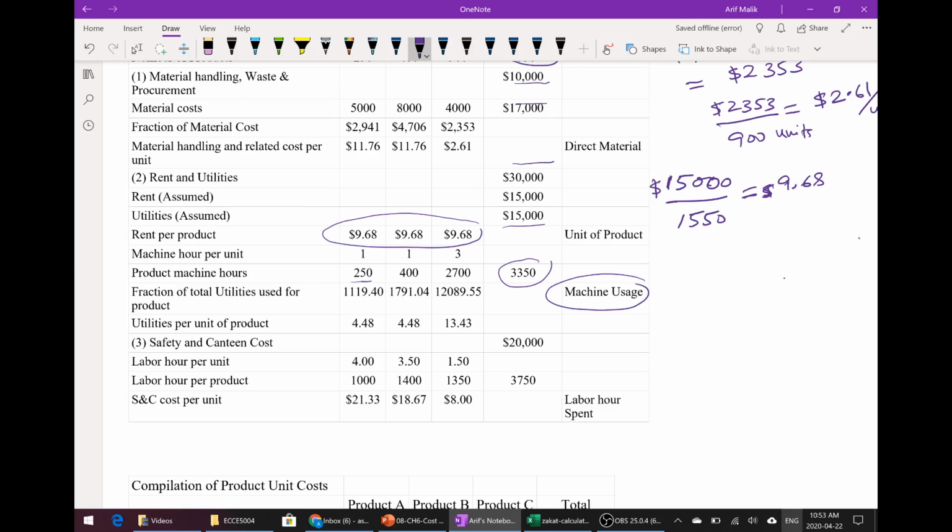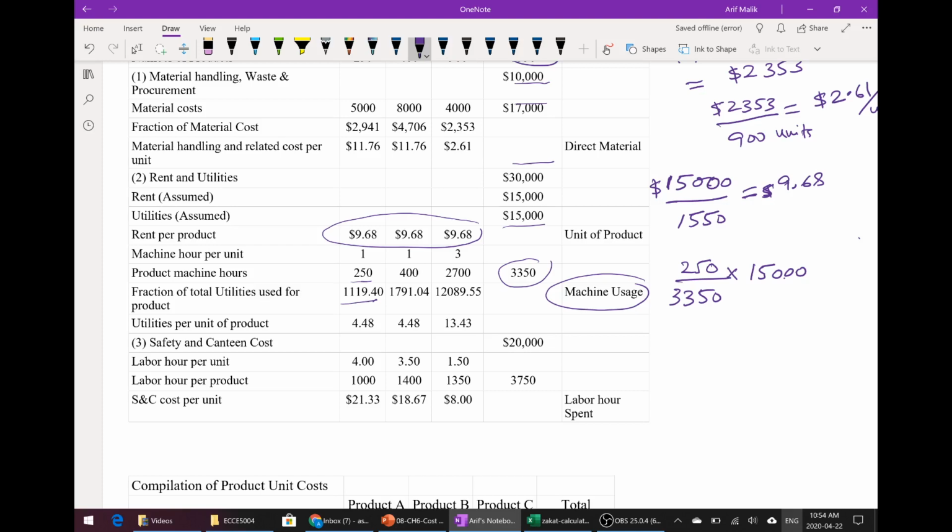For product A, it is 250 divided by 3350, multiplied by the utility expenses of 15,000. This is the amount we got, 1119.40, and then you just divide it by the number of products, so it is 4.48.